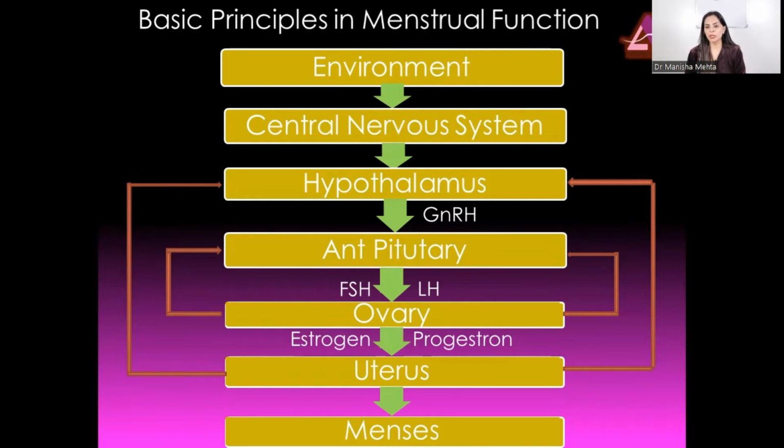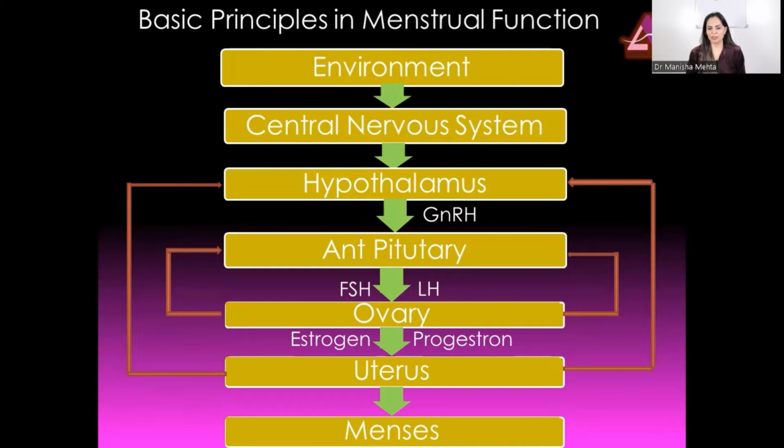I'm also talking about the inner environment, the stress and all, which can affect the central nervous system as well. So the central nervous system takes the command, and from hypothalamus, we get gonadotrophic releasing hormone. There are two types of gonadotrophic releasing hormone, one which will cause the secretion of follicular stimulating hormone, and the other which will cause the stimulation of LH.